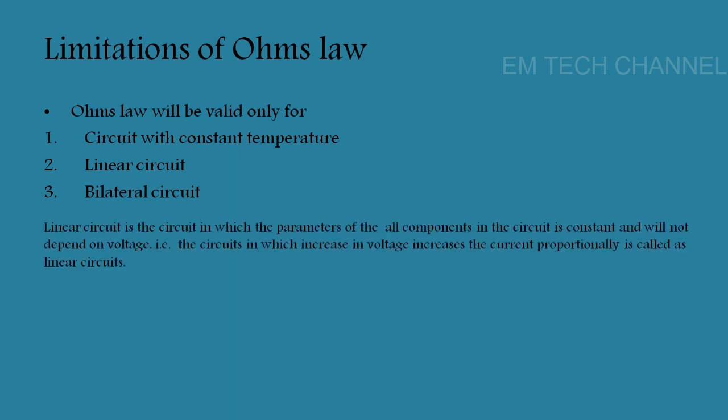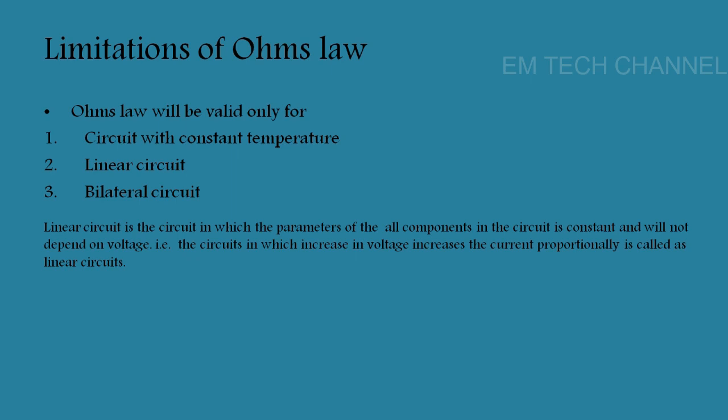A linear circuit is a circuit in which the parameters of all components are constant and do not depend on voltage. The components should behave irrespective of the voltage given. That is, circuits in which an increase in voltage increases the current proportionally are called linear circuits.